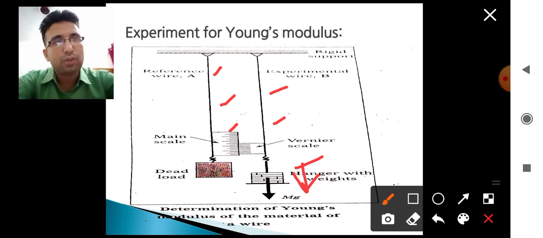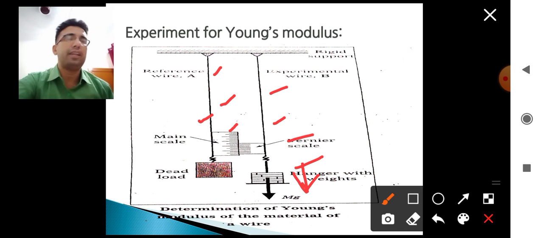So we can calculate the change in length with the help of the pointer and scale present on the reference wire. We will calculate the change in the length of the wire divided by the original length of the wire. This gives the longitudinal strain produced in the body.